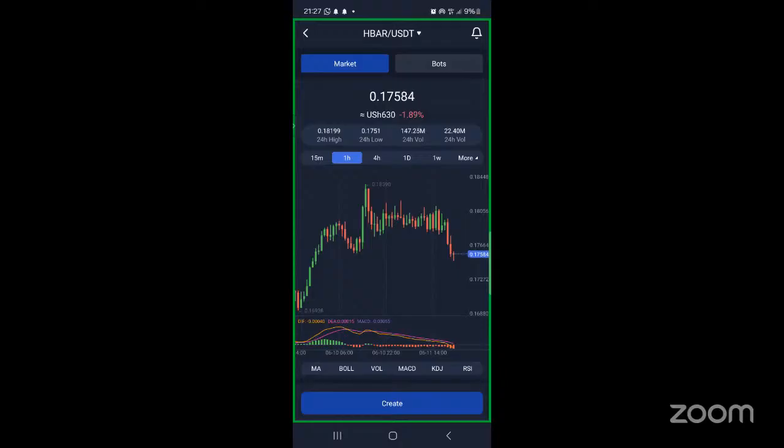We get the capital and divide the capital by the total multiple buying ratio, and what you get will be your first buying amount. I hope that is clear.